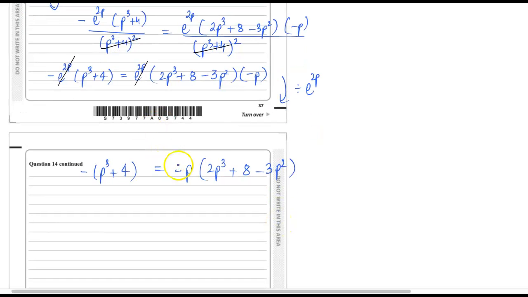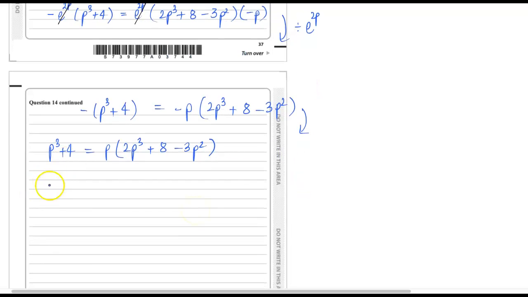Okay, so here we can again multiply or divide by negative, so it's going to be p cubed plus 4 equals p, 2p cubed plus 8 minus 3p squared. That would give us what? p cubed plus 4 equals 2p to the power 4 plus 8p minus 3p cubed.